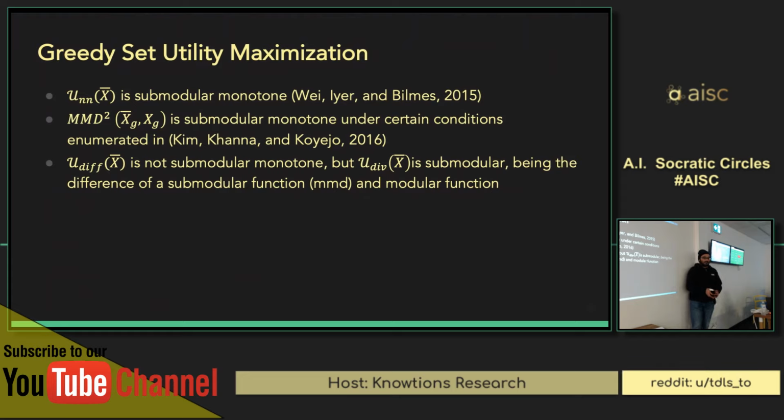But it was shown that even if it is not submodular and monotone, it still has a high probability of giving a reasonably good result, and the experimental results actually show that. UDIV, however, is submodular, by some property of submodular functions which I do not understand.